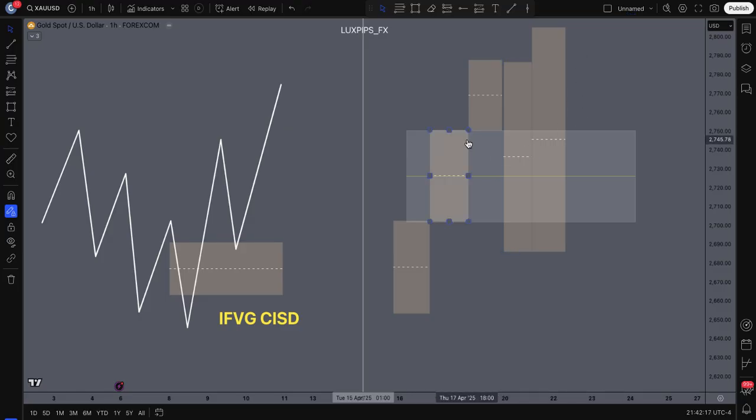This is why I don't advise putting your stop loss under an FEG like this. I mostly advise entering on FEG, putting your stop loss under the low, the whole thing. A lot safer.